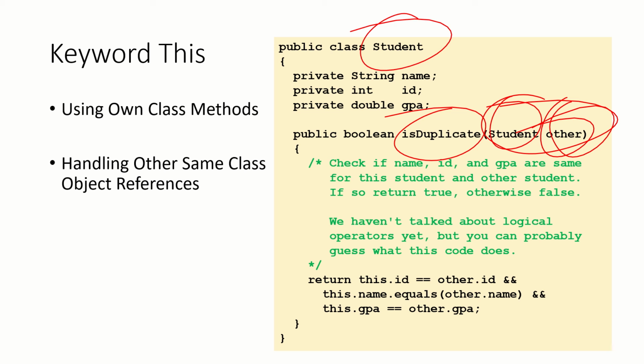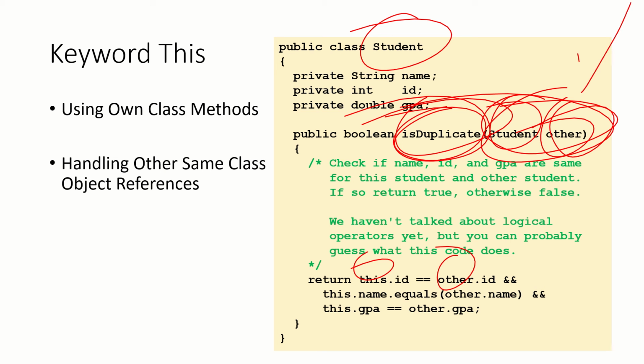We want to compare with the current object, which just called this method, so we're using this. This means the object that just called this method, and the other in this method is another object you're trying to compare.